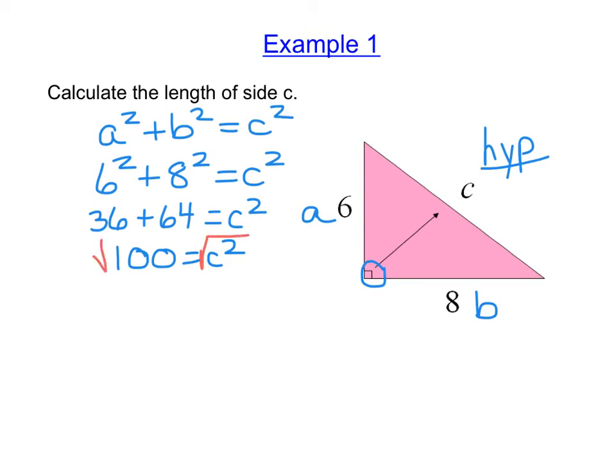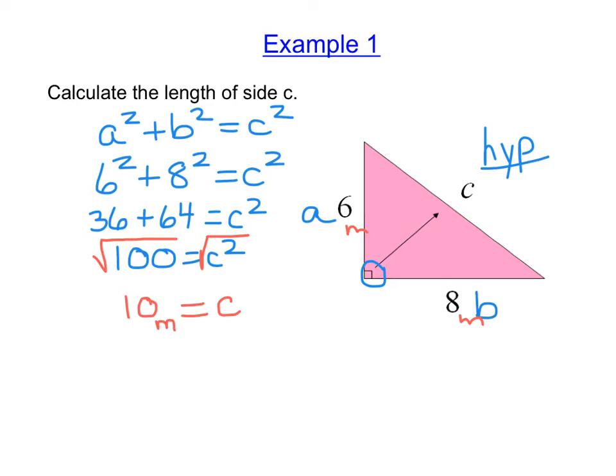So we're going to do the square root of 100. In your calculator, you will have to find your square root button and figure out how to use that. The square root of 100 is 10. And I didn't put any units on this, so let's just pretend that these are meters. So this would be 10 meters.